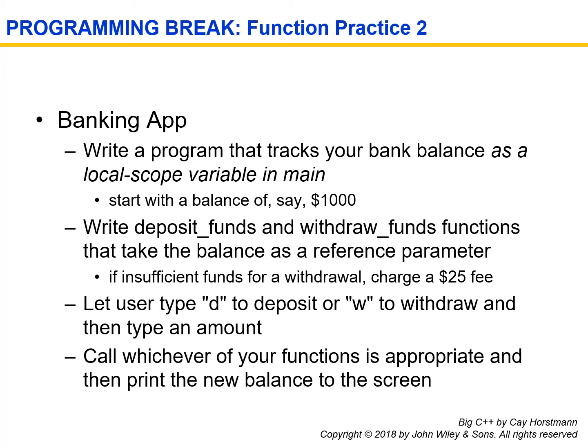Start with a balance of, say, $1,000. Write deposit funds and withdraw funds functions that take the balance as a reference parameter. So you're going to change the balance in the function, and it's going to reference that back to the main function. If insufficient funds for withdrawal, charge a $25 fee.